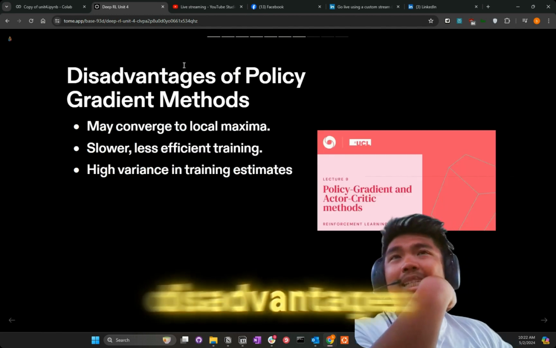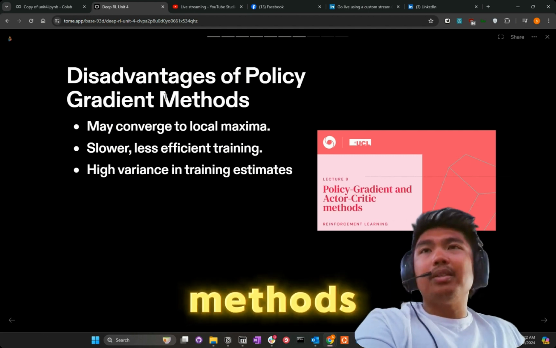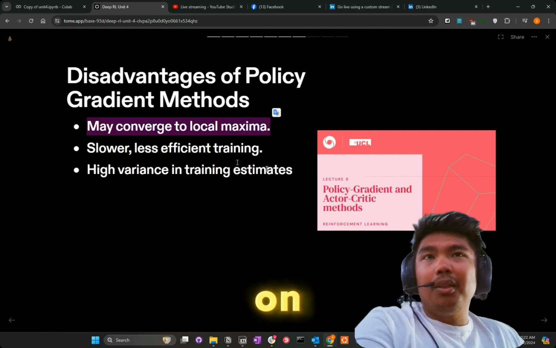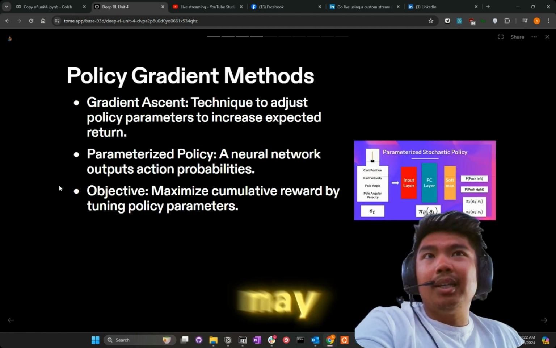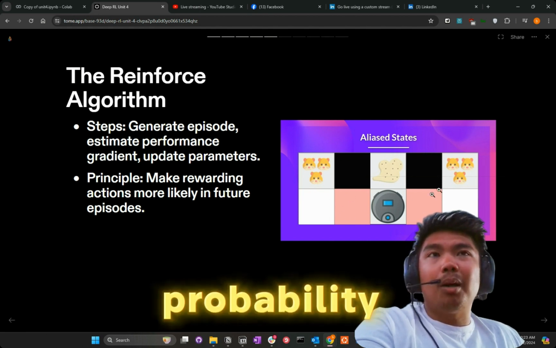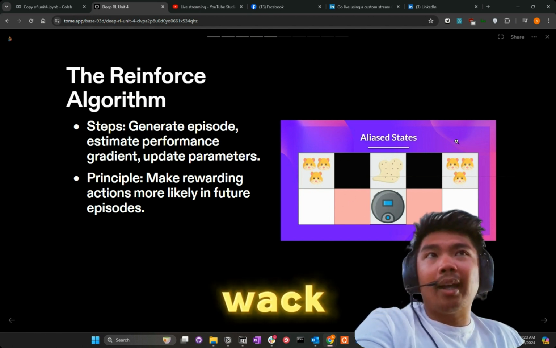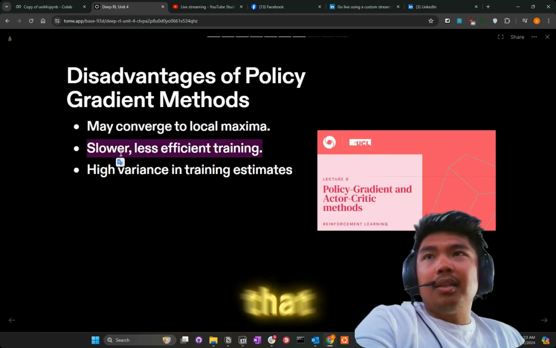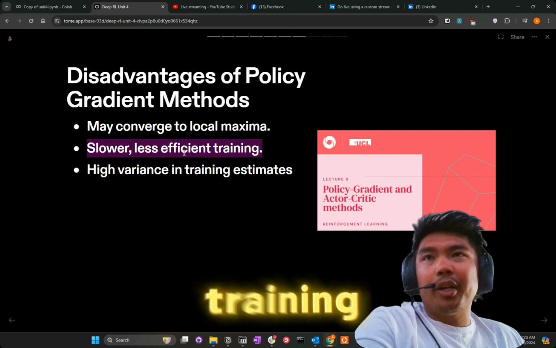So what are some of the disadvantages of policy gradient methods? They may converge to a local maxima. Depending on the environment, you may get stuck in this state if the probability distribution is whack. The other thing is slower, less efficient training.